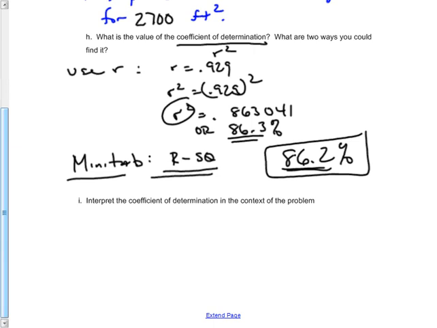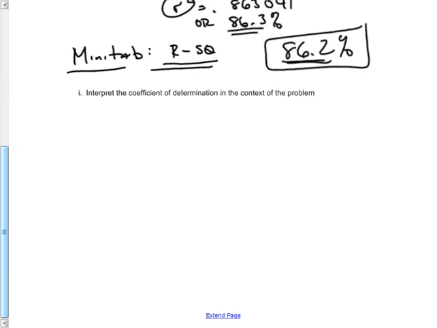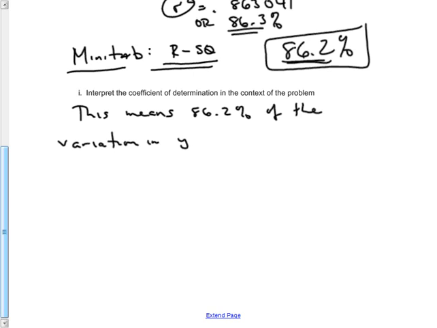Now, what does the coefficient of determination tell us? Well, we can start by writing out basically the definition in the book. Coefficient of determination, whether you use 86.2 or 86.3, whatever, tells us that that percent of the variation in the y values... But you know what?